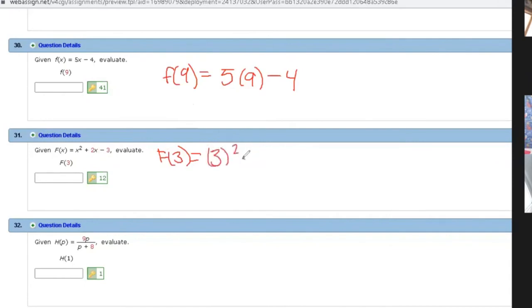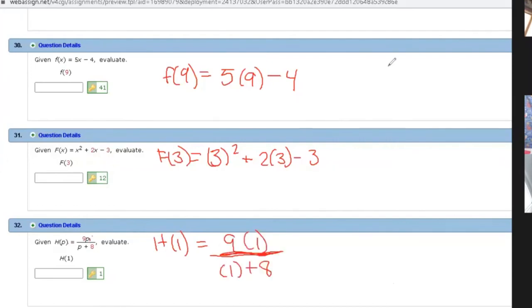So we got 3 squared plus 2 times 3 minus 3. If we look at 32, we got h of 1. So that means that wherever we see that p, we have to plug in a 1. So we got 9 times 1, and 1 plus 8. Okay, let's keep on going.